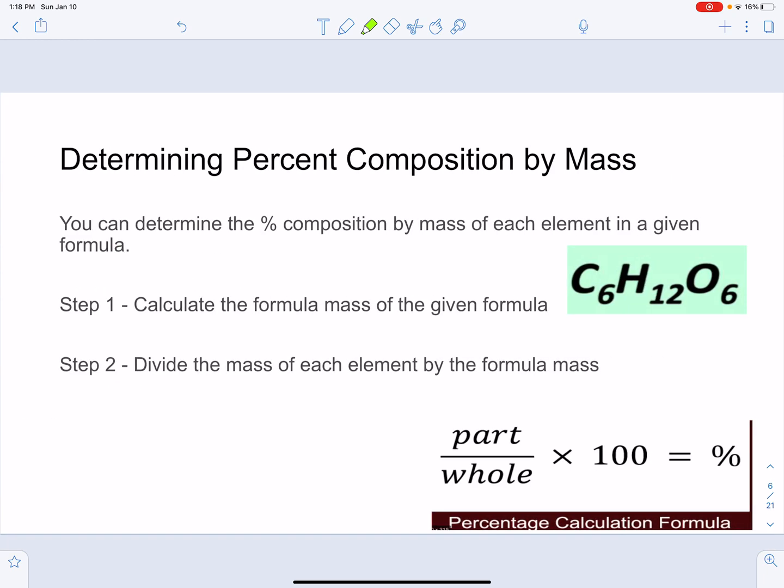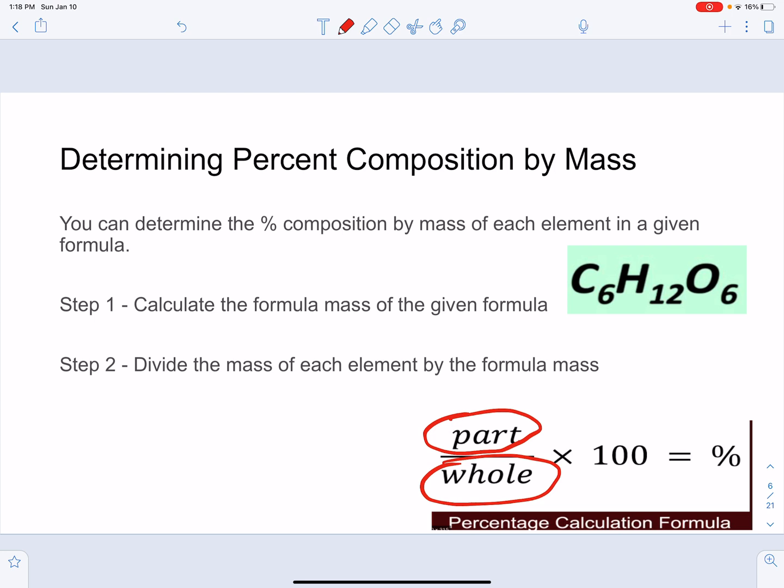Determining percent composition by mass. This is the second objective for this video lesson. You can determine the percent composition by mass of each element in a given formula. When we determine any kind of percent, we're always taking the part of what we're looking at and dividing it by the whole, times 100.